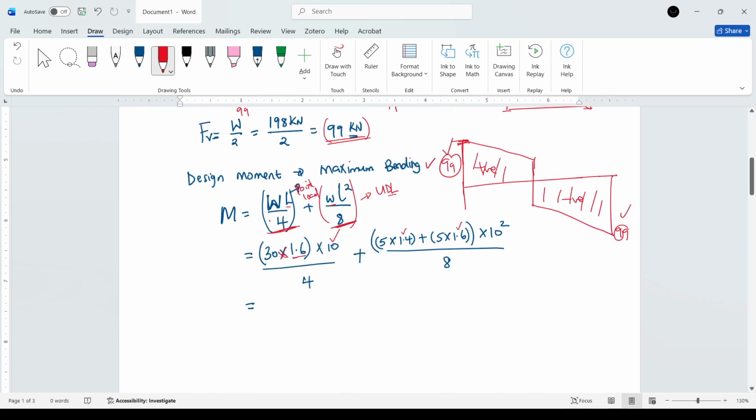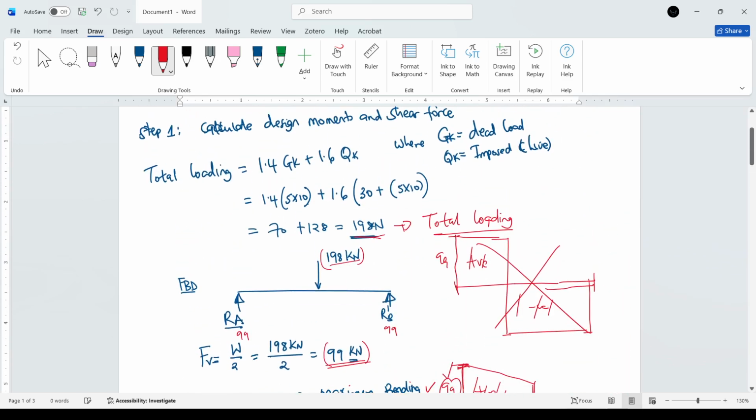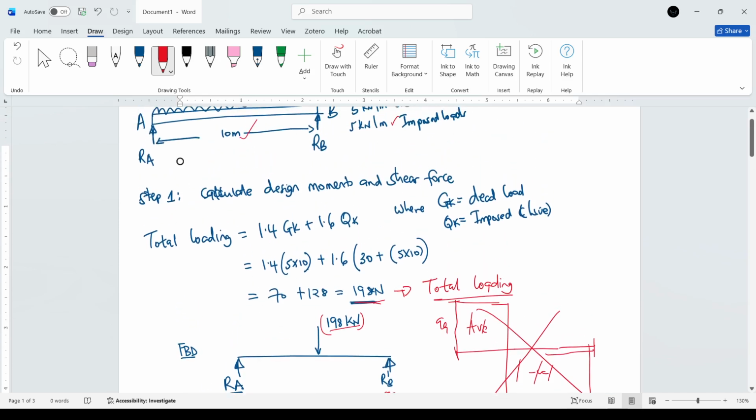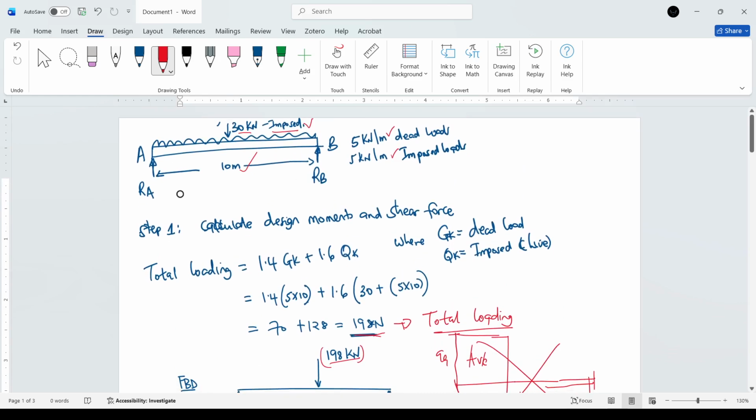So this one will not be there. We'll just take WL squared over 8. And then for the sake of calculating this one, you'll just do exactly what we have done, converting it to a point load. But you don't have to necessarily make it act somewhere. So it will be 30 times 10, which is 300.